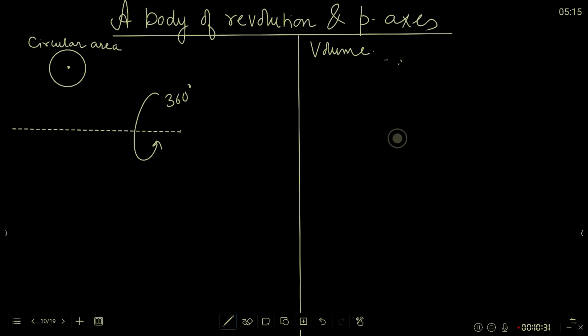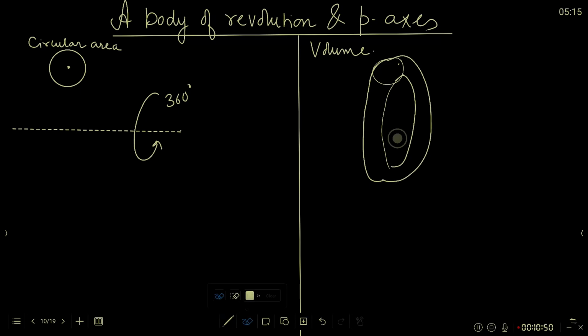That volume, this body of revolution will be a torus. My figure may not be very accurate, but it will be something like this. Like a donut, right? A donut will be created.